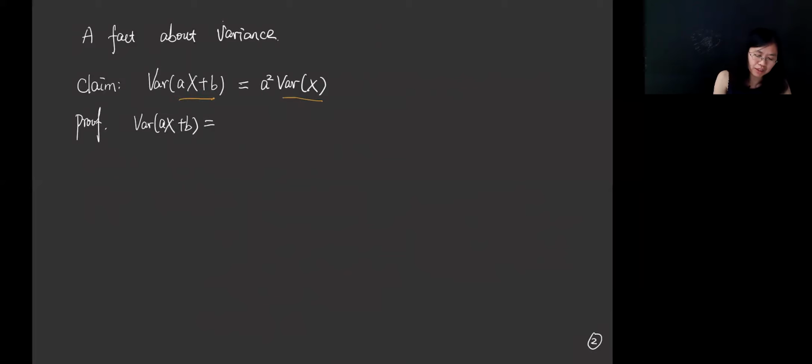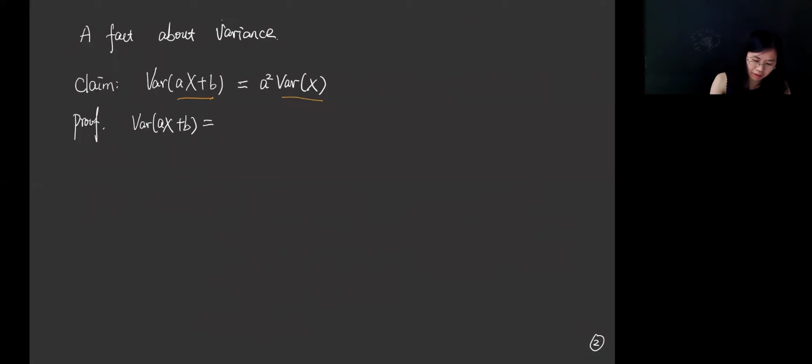We can prove this starting with the definition of variance. Remember, the definition of variance is the expectation of the random variable here, ax plus b, minus the expectation of that random variable, this difference squared, and expectation outside.